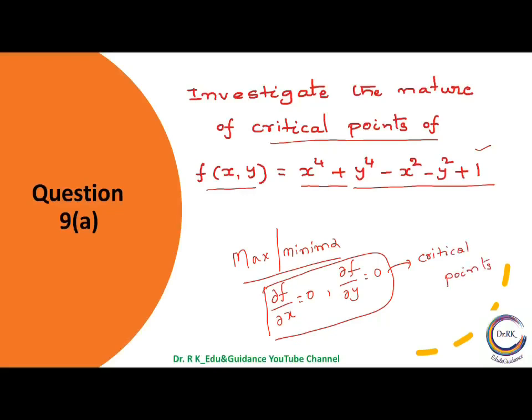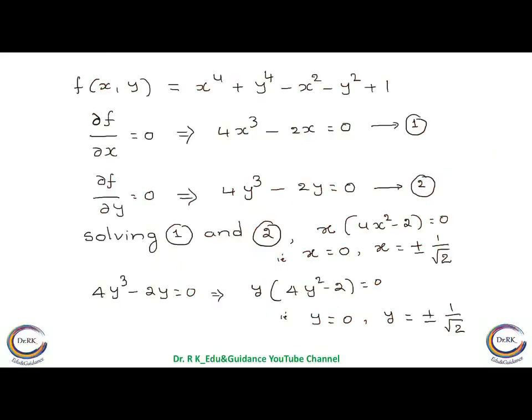We have to find out what the critical points are and what happens at these points, whether it becomes maxima, minima, or neither. Based on this understanding, first we find the critical points with the help of the first derivatives equal to zero.